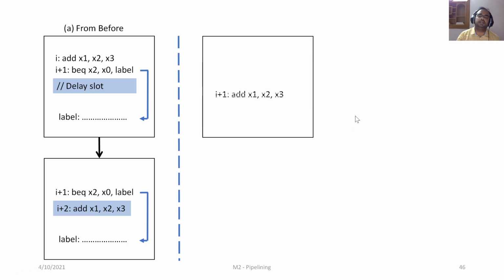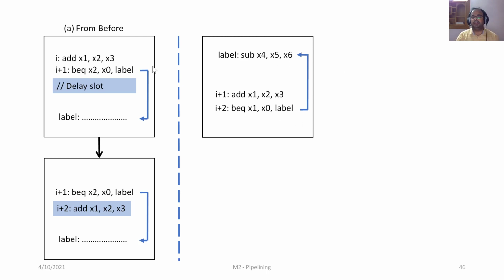The second scenario the compiler can possibly have is something like this. Let's say we have an instruction I plus 1, add x1, x2, x3. Then we have a branch instruction right after that, BEQ x1, x0, label, and let's say it's a backward branch, right? It's jumping to some instruction at the label, subtract x4, x5, x6.